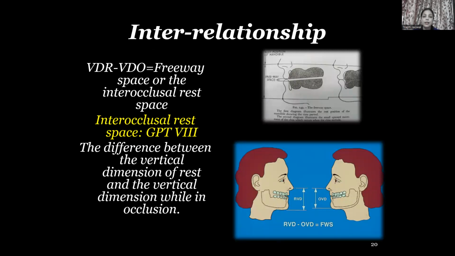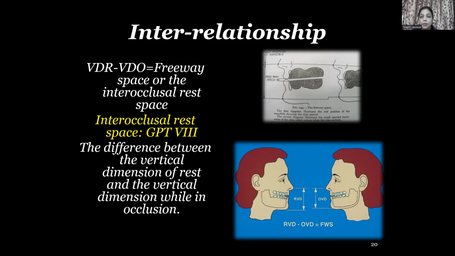And so the interrelationship between the vertical dimension at rest and in occlusion will help us to calculate the freeway space or interocclusal rest space. The difference between the vertical dimension at rest and the vertical dimension in occlusion gives us the freeway space, and it is necessary to restore this space while we are fabricating the dentures so that the muscles can be allowed to stay in a state of rest.